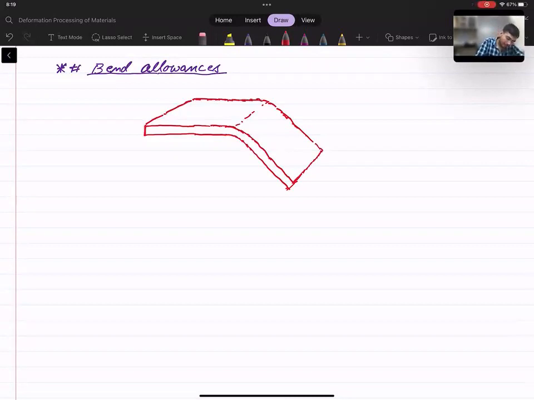Here there are some terms related to this geometry. Say the width which is being bent is B. If we consider the thickness to be T, then this is the thickness.